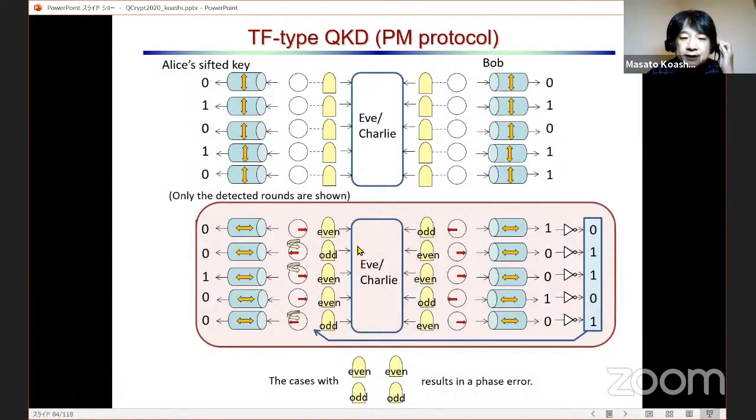The good strategy is to reset this qubit for the cases of even-odd and odd-even. If you do that, the combination of even-even and odd-odd will result in a phase error. So phase error happens when Alice and Bob both send an even state or both send an odd state.